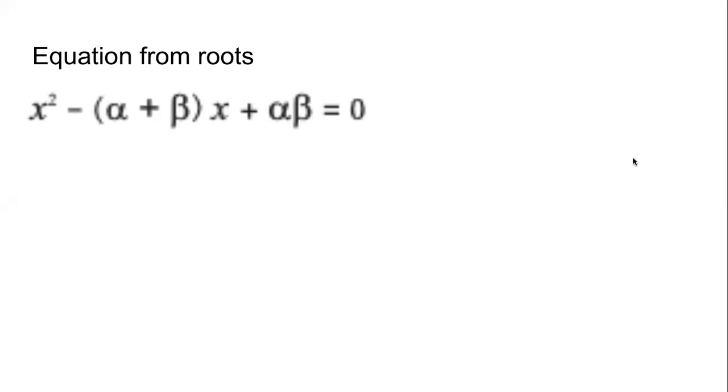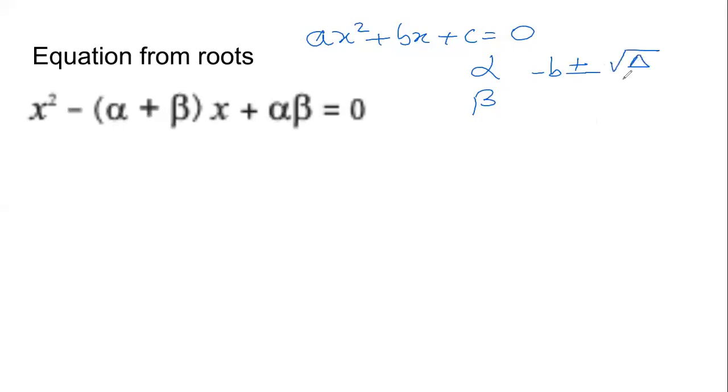It means, till now we have been saying that if the equation is ax squared plus bx plus c equals 0, we can find alpha and beta using the formula minus b plus or minus, now I will write it in the short form, discriminant by 2a.